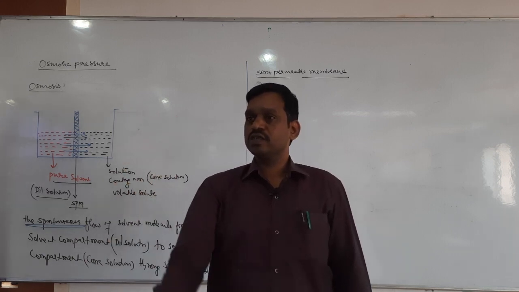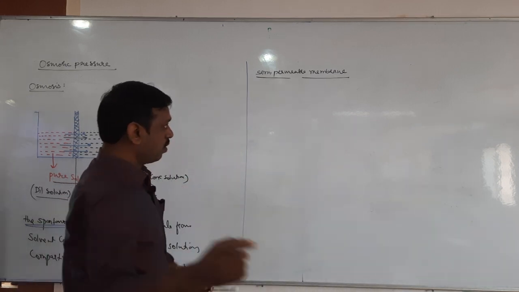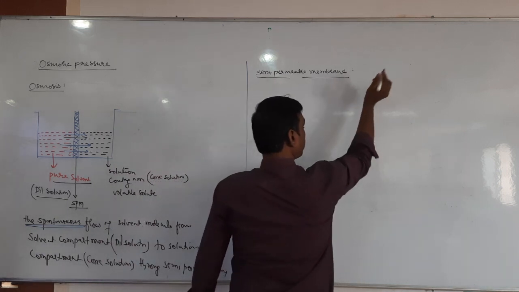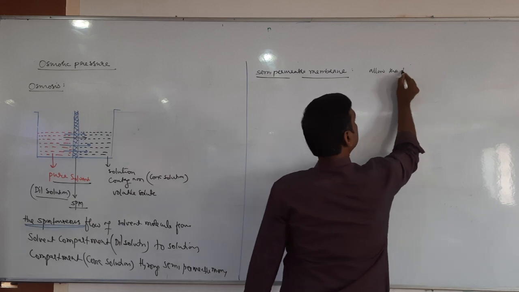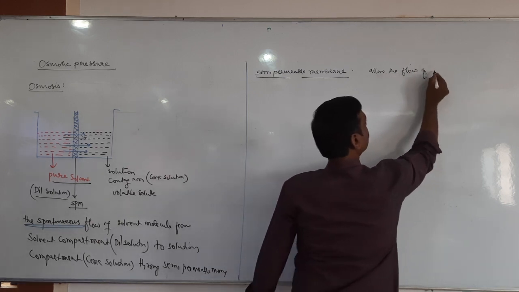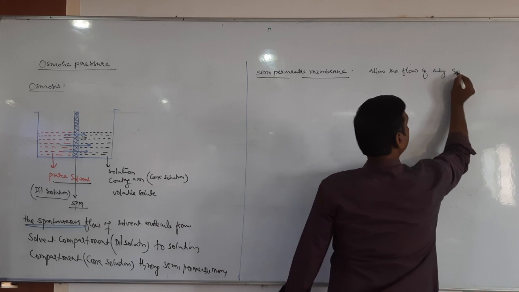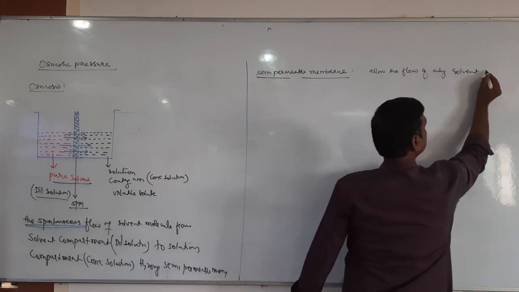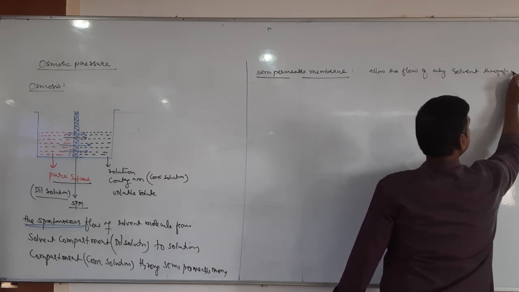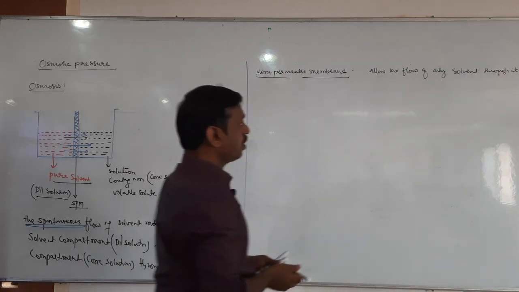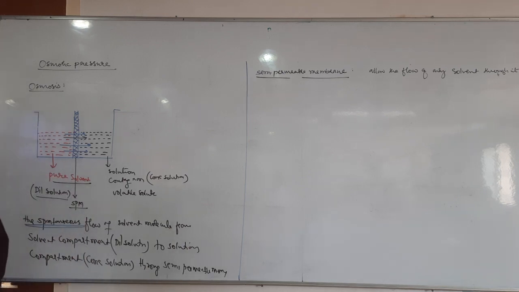The membrane which allows the flow of only solvent molecules through it is called a semi-permeable membrane.